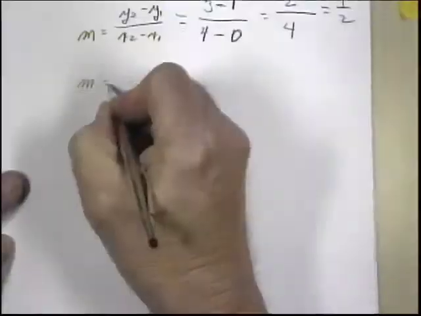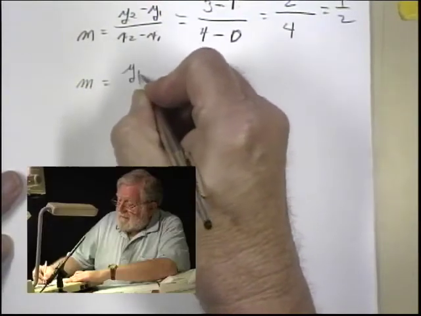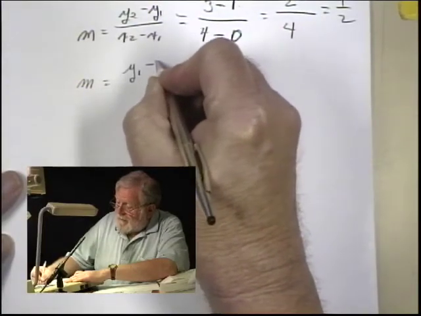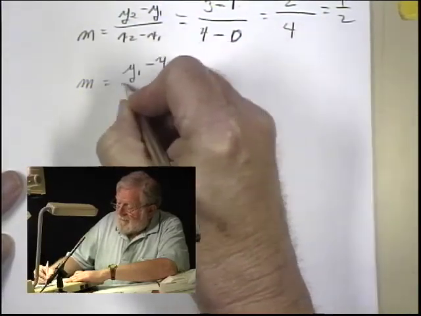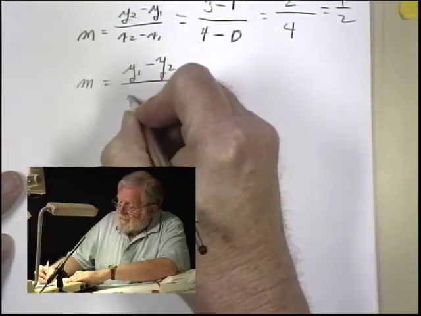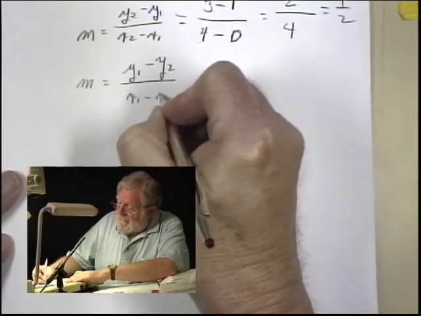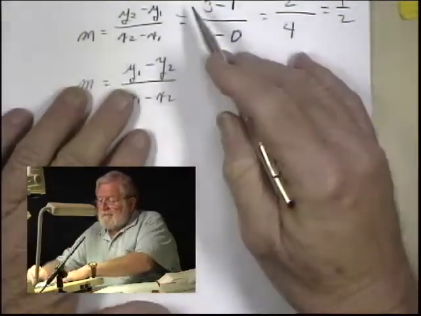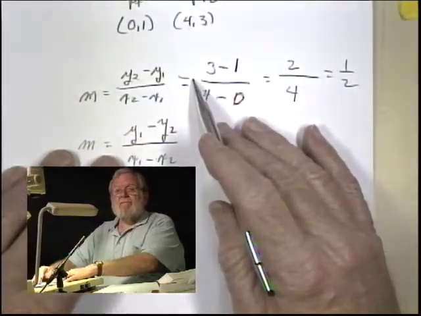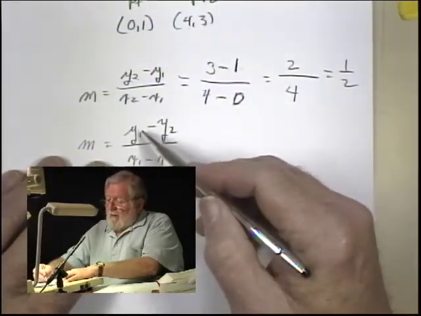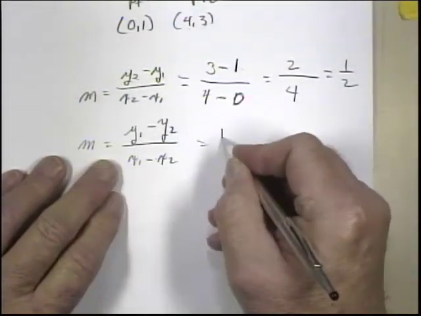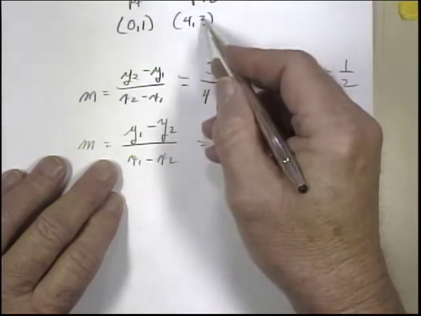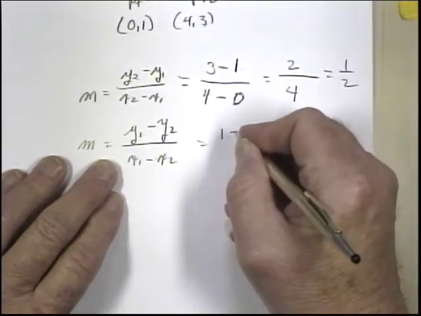Let's try it the other way, where we subtract y sub 2 from y sub 1 and x sub 2 from x sub 1. So again, we'll look at our points here. Our y1 is 1. Our y2 is 3.